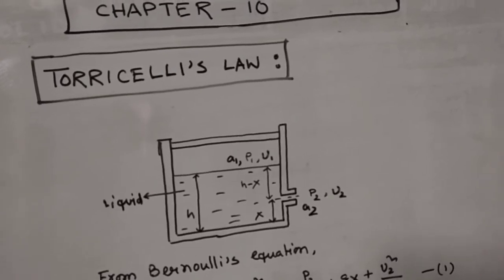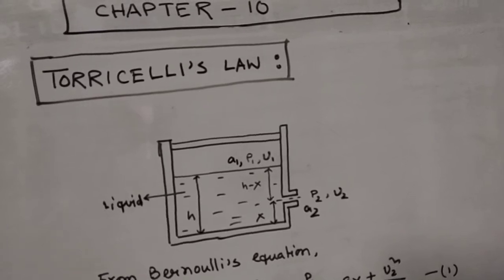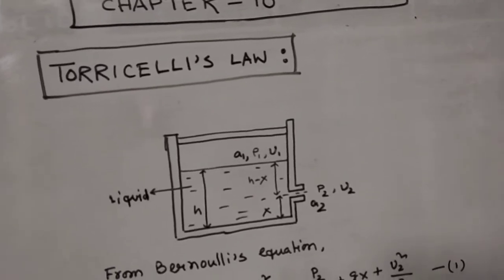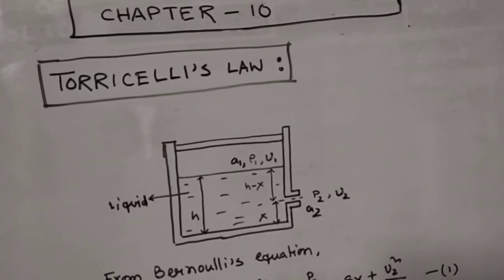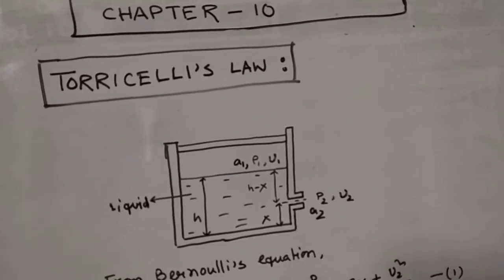Now you see you do have two areas of cross section, and one is your top surface of the container with area of cross section A1, another one is your area of cross section of the narrow hole, which is on the right side of the container wall.